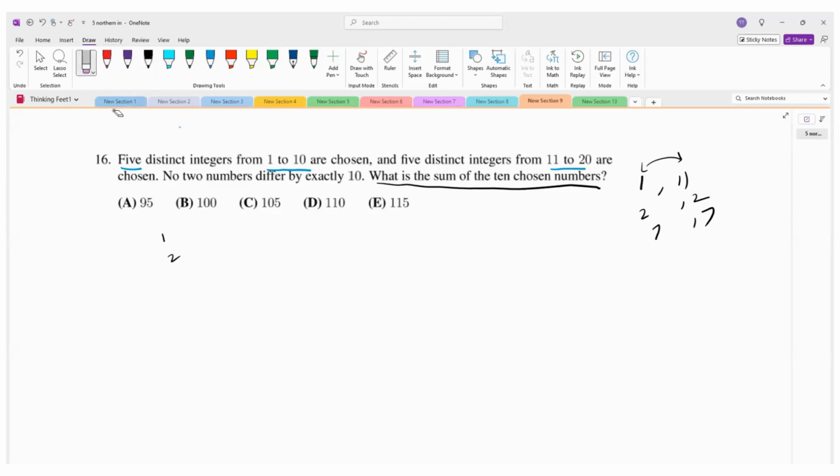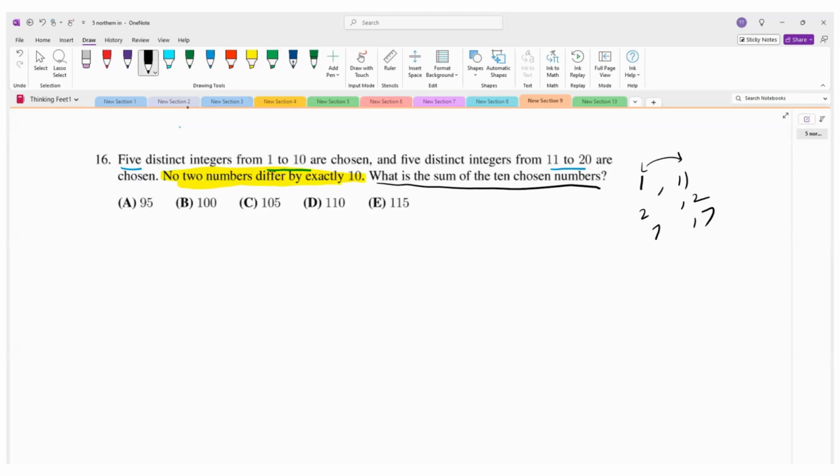But because it is not putting in any other constraints for me, I'm going to assume that no matter how I choose the numbers, as long as I take care of this constraint, my total should not change, right? It is not asking me what is the smallest sum or what is the biggest sum of the 10 chosen numbers. So no matter how I choose the 10, as long as I keep this constraint, yellow highlighted constraint in mind, the sum should be the same.